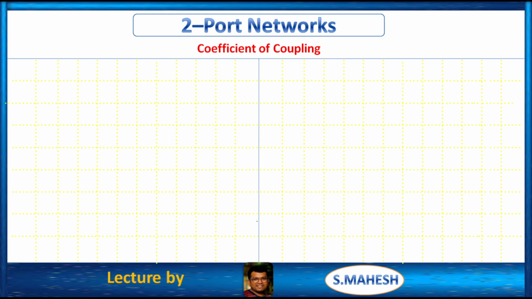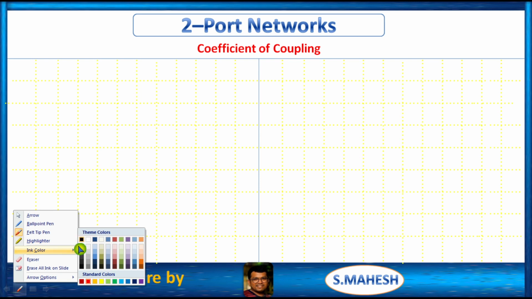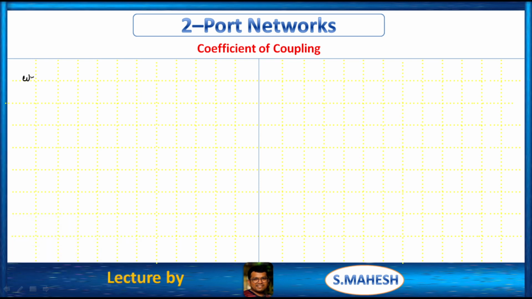So we know that M is equal to, let us say, second coil N2 into d phi 1 by dt and M is equal to N1 d phi 2 by dt, right? The rate of change of flux in coil 1 is due to the second coil, and the rate of change of flux in coil 2 is due to the current in the first coil.